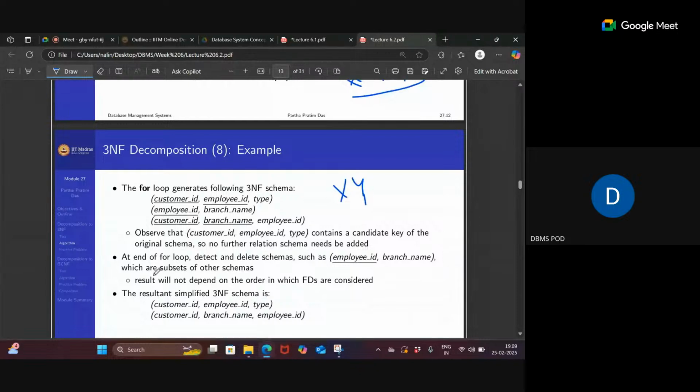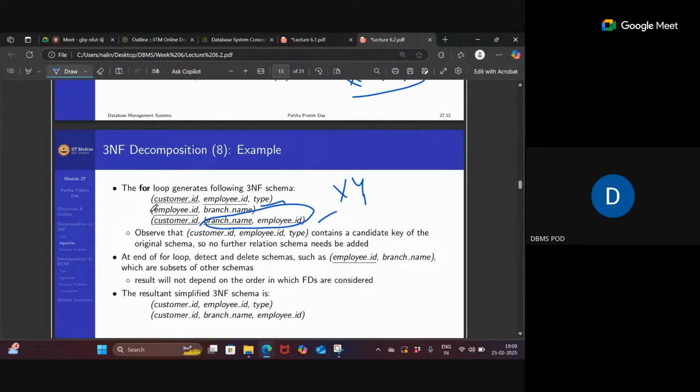And at the end of the for loop, we delete the schema such as employee ID, branch name. Why does employee ID, branch name have to be removed? Because we are already storing employee ID and branch name in another table. So we remove the schema that is a subset of other schemas.